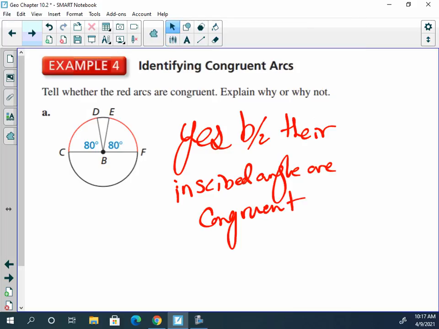I don't know why I lost the word inscribed there for a second. Because the inscribed angle for each one of those arcs are congruent, it means the arcs themselves are congruent as well. Any questions on this here?